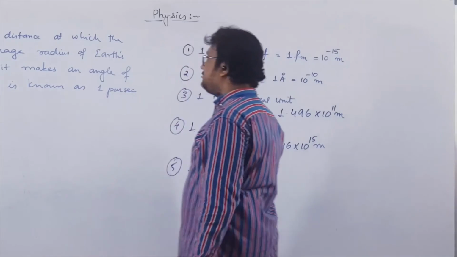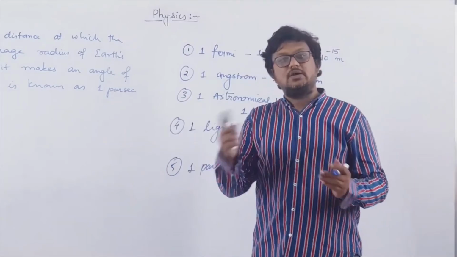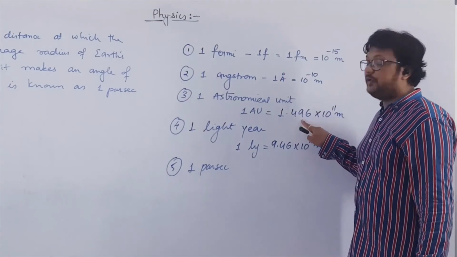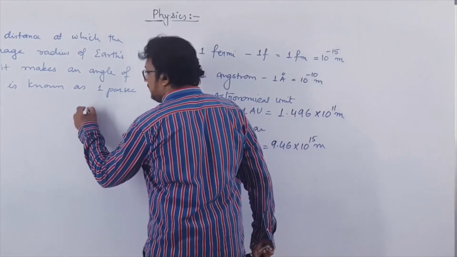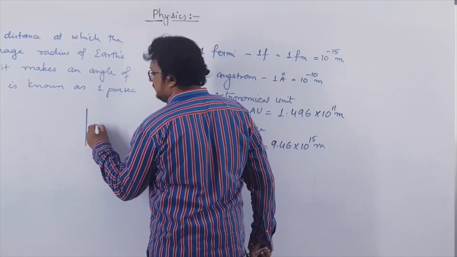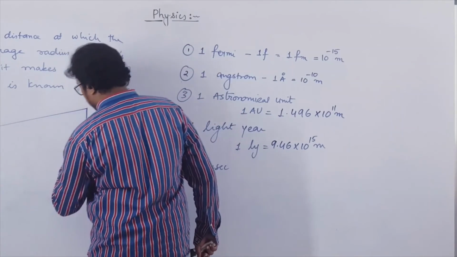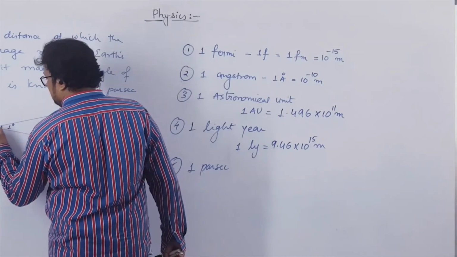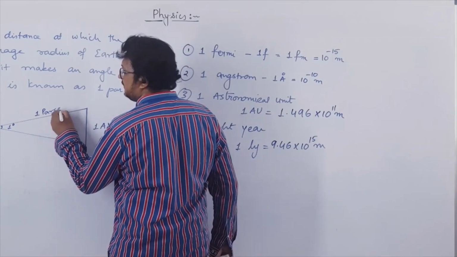The average radius of Earth's orbit is the distance between Earth and the Sun, 1 AU, right? 1 AU is the average distance between Earth and Sun. So if this is the average radius of Earth's orbit, this will be 1 AU, and the distance at which this 1 AU makes an angle of 1 second will be 1 parsec.